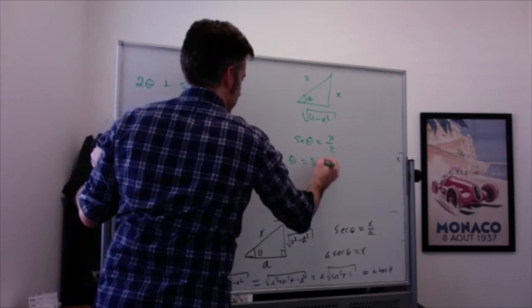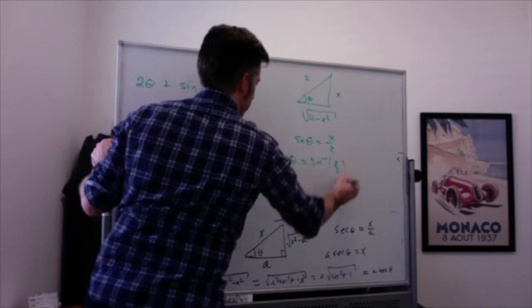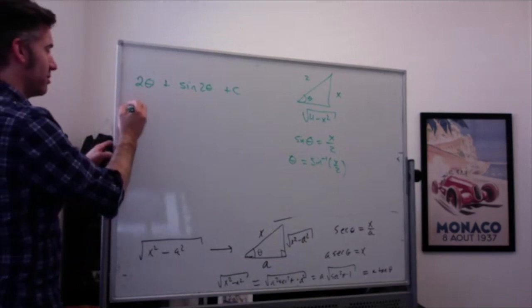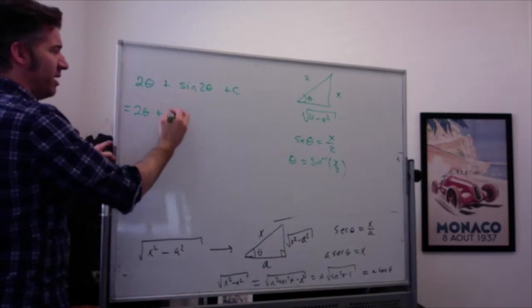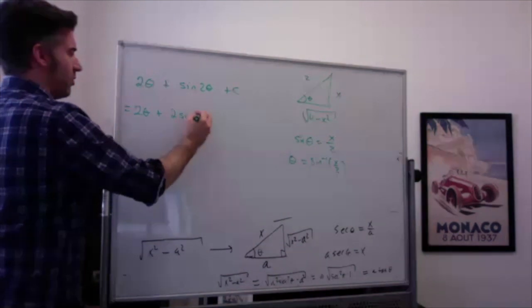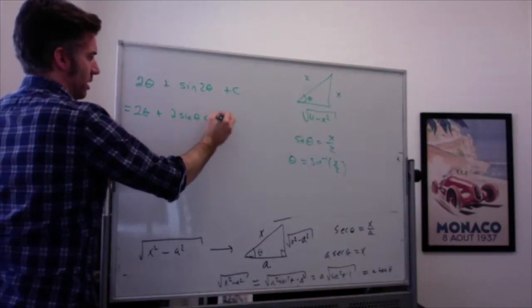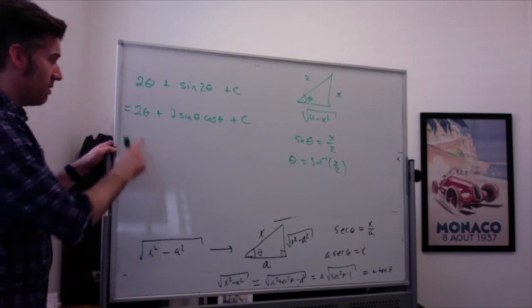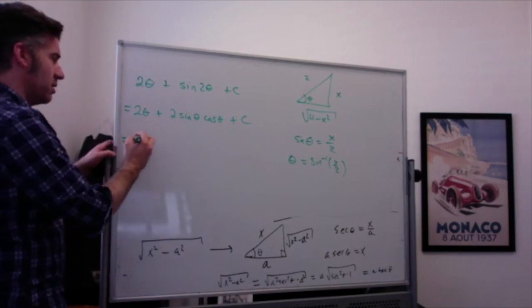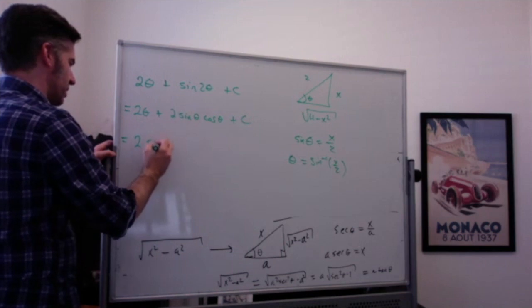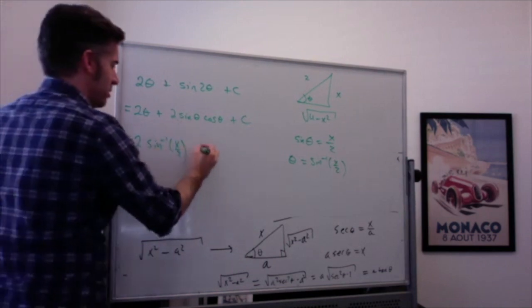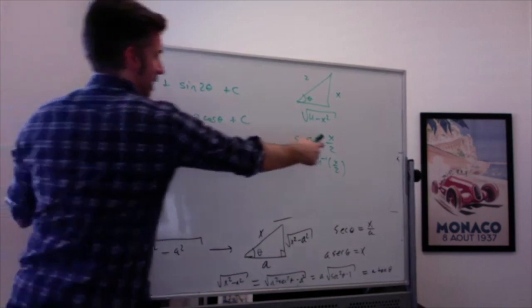Theta is the inverse sine of x over 2. Sine of 2 theta, there's a trig identity. Sine of 2 theta is 2 sine theta cosine theta. It's a double angle formula. And then we can say, oh yeah, 2 theta is 2 times the inverse sine of x over 2. And then sine of theta is x over 2.